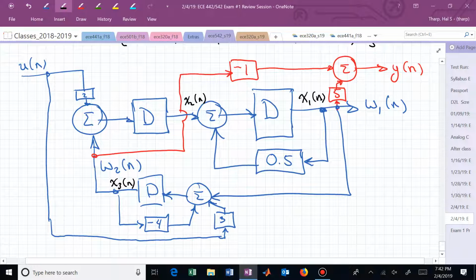Which means that right here is what? x1 of n plus 1. Here is x sub 2 of n plus 1. And here is x sub 3 of n plus 1.